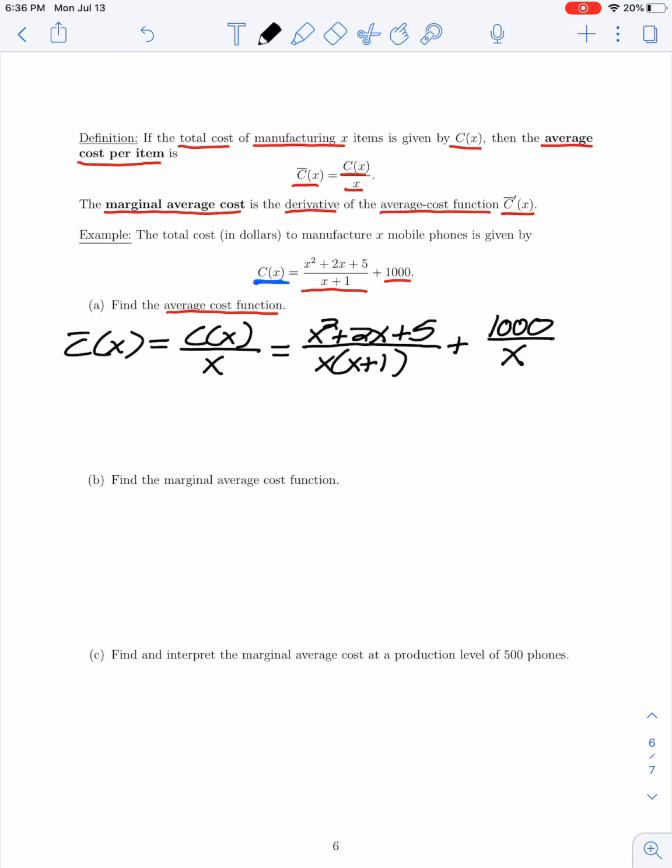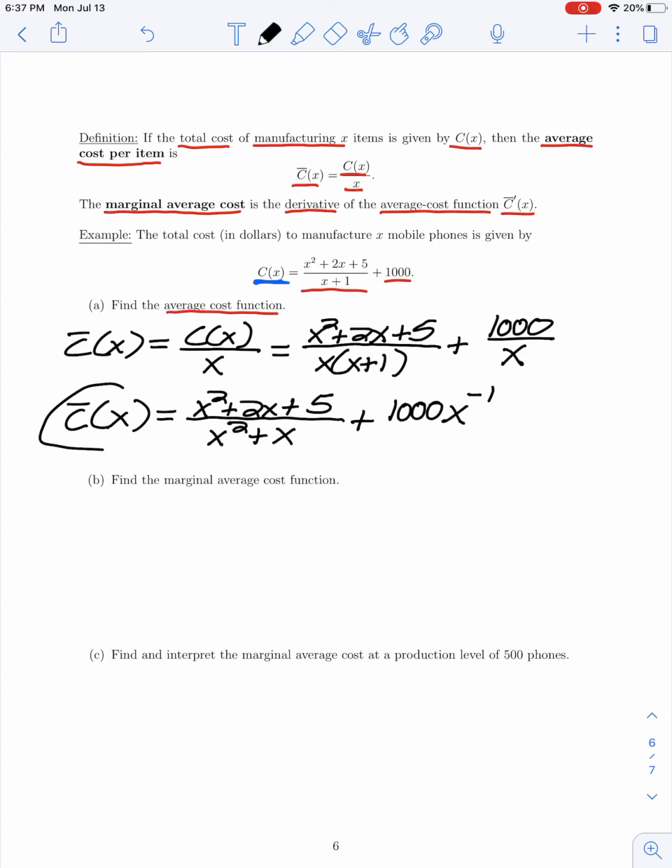So simplifying this expression a little bit, I have C bar of x is equal to x squared plus 2x plus 5 divided by, if I distribute the x through my denominator, I have a denominator of x squared plus x, and then I have a plus 1,000 divided by x, which I could rewrite as 1,000 times x to the negative first power.